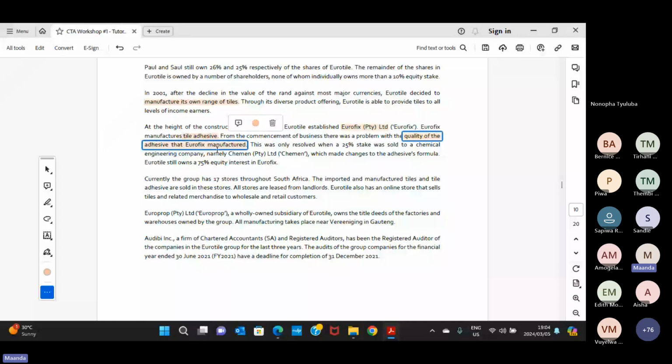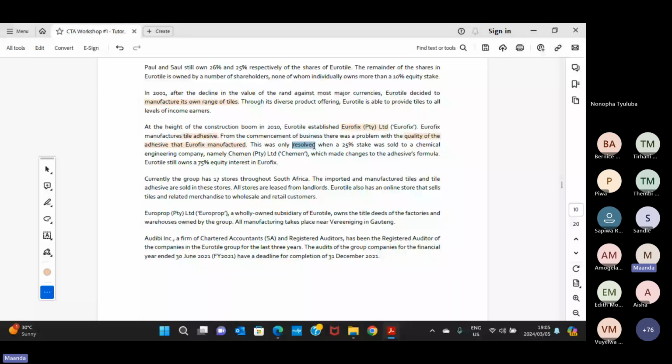And if we're losing customers, this might affect our operations, and it might affect our profitability, right? So that becomes a problem that needs to be addressed. They were telling us that there are issues with the quality of this adhesive that we are manufacturing. However, this was resolved, so I'm happy. No longer a business risk.